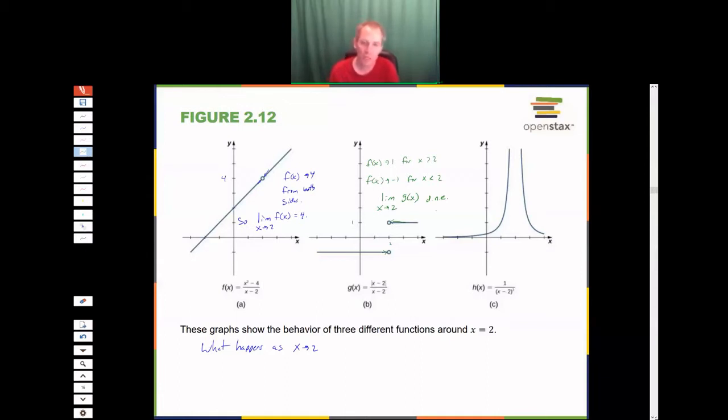However, we have a way to still describe the behavior. We could say that if you only look at x values bigger than 2, then it's approaching 1, and that's fine. If you only look at x values smaller than 2, then it's approaching negative 1, and that's fine. So the way that we can write that is the limit as x approaches 2, and I put a little plus as a superscript here to indicate from the right.